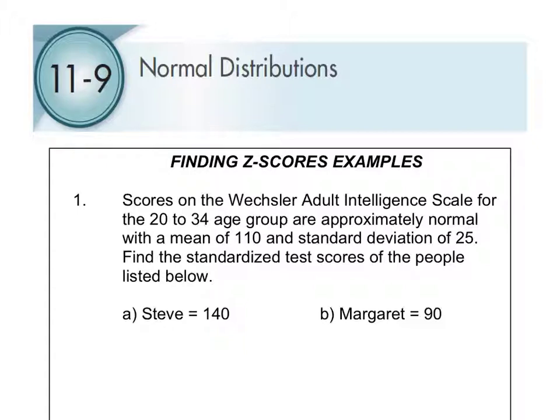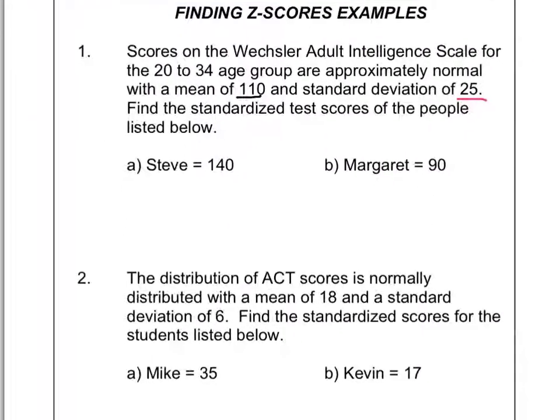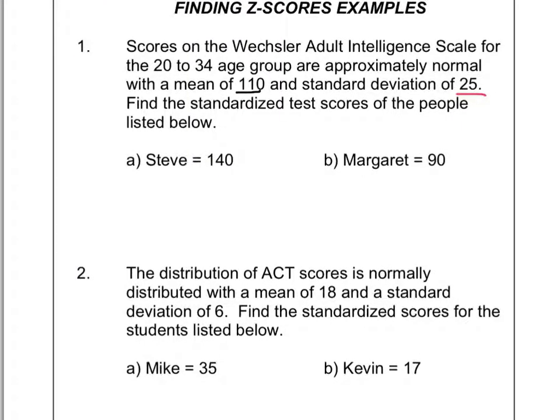It says here, scores on the Wechsler Adult Intelligence Scale for the 20 to 34 age group are approximately normal with a mean of 110 and a standard deviation of 25. Find the standardized test scores of the people listed below. I want to calculate the z-score so I can put all of them on the same scale and compare them.